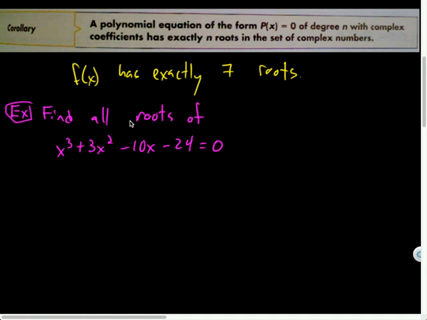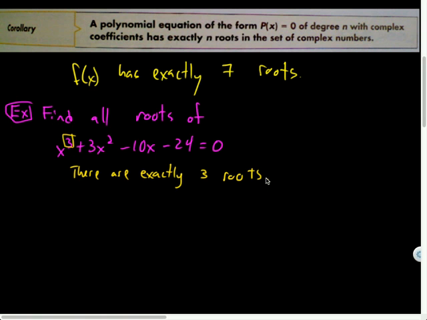First of all, how many roots do I expect this to have? 3. Because the degree is 3, we would say there are exactly 3 roots.